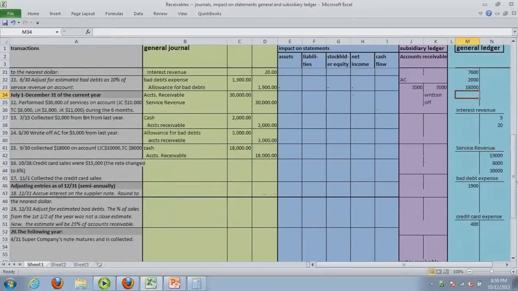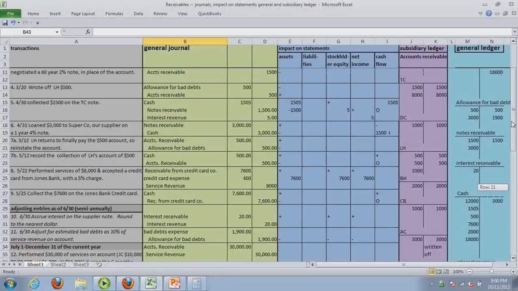Credit card sales. Okay, so now you've just decided at this point in time in the year that you're going to accept credit card sales, other credit cards from other companies. So, well, actually we did that once, did we not? We decided up here at the end of that period that we were going to accept credit cards. So, I'm going to lift that.